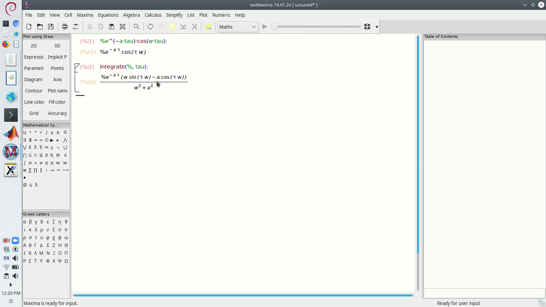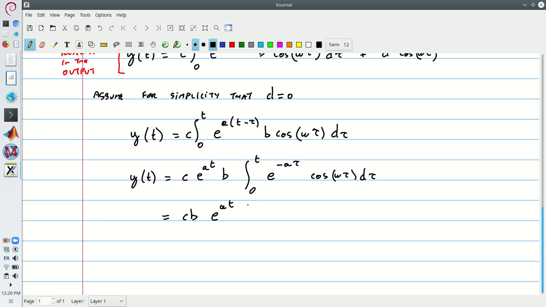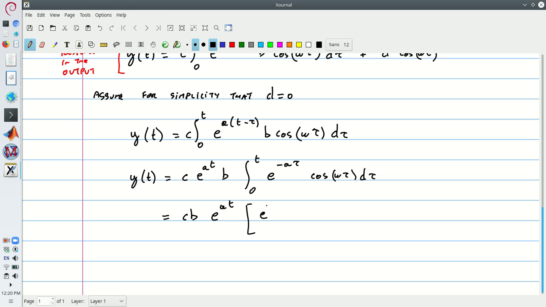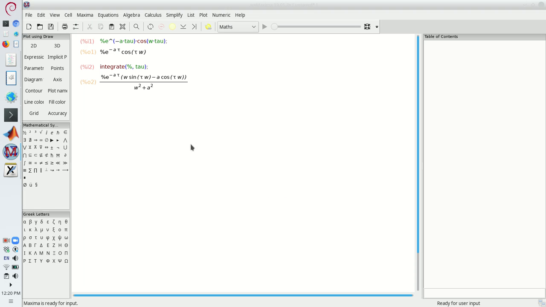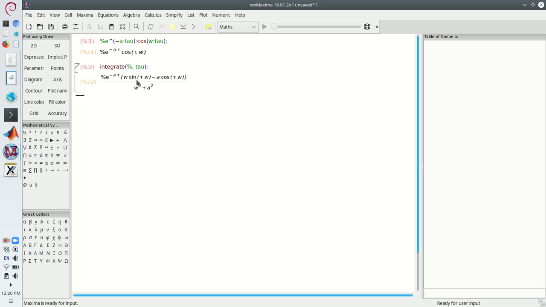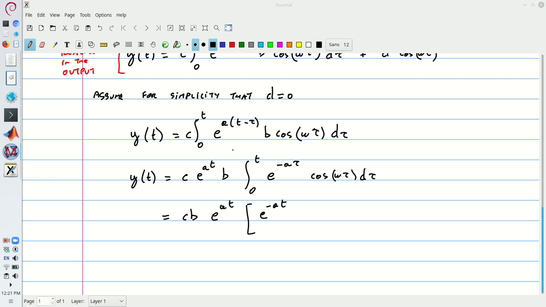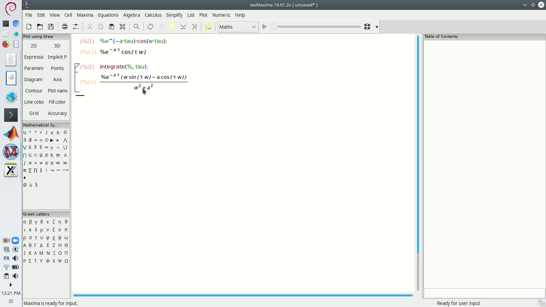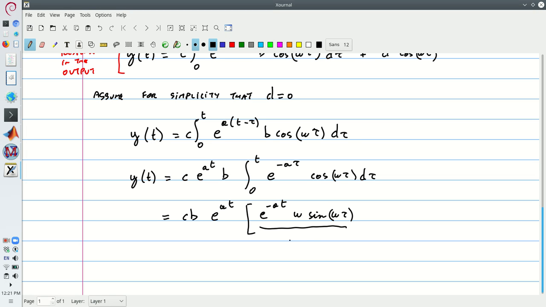Now this quantity here needs to be computed in t, and then we have to subtract the same quantity with tau equal to 0. So let's write this quantity here, and I replace tau with t, so I have exponential of minus a t that multiplies omega sine of omega tau, divided by a square plus omega square.